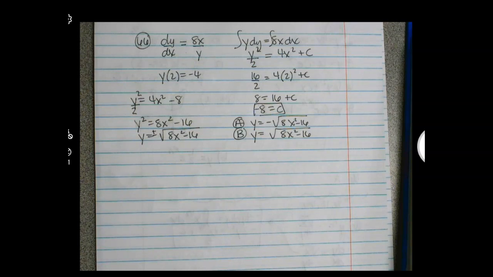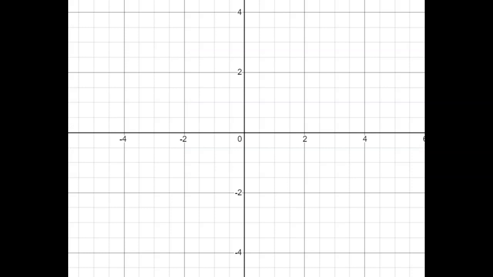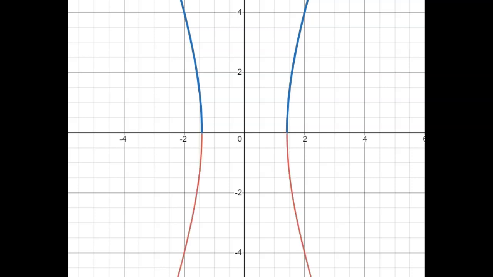So now I'm curious about what it looks like. My calculator's gone again. Okay, so here is the positive version. And does that match the slope we were given? 2, negative 4. Because the slope would be negative. So that's not it. And here's the negative one. Oh, there it is. Which it would be negative here.